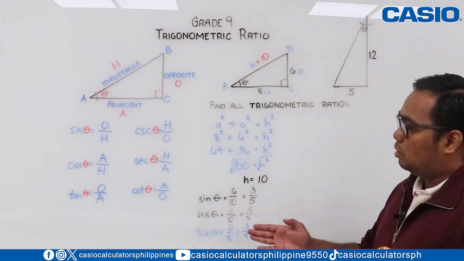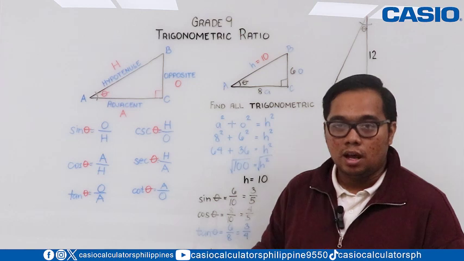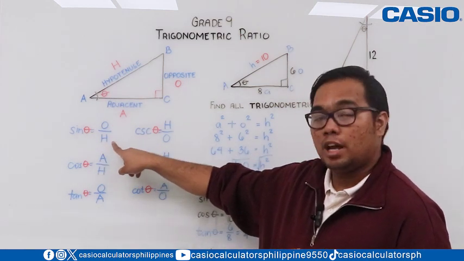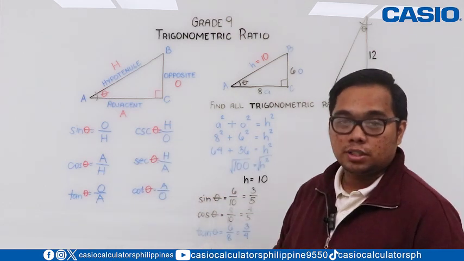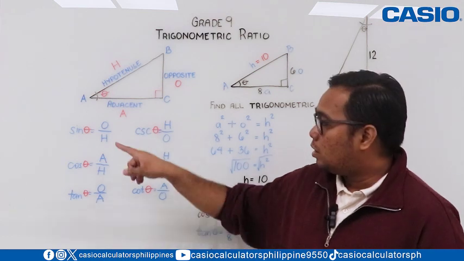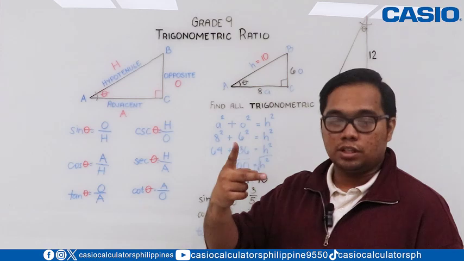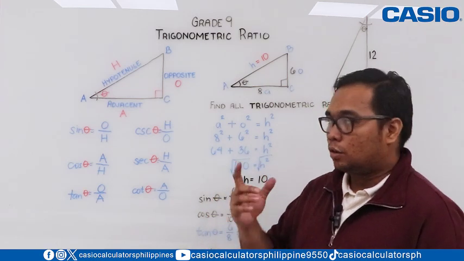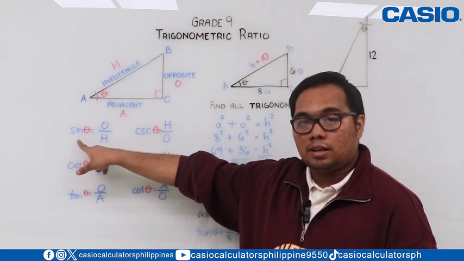Okay? Now, let's go with our cosecant, secant, and cotangent. If we can see here, sine is opposite over hypotenuse, while cosecant is hypotenuse over opposite. So as you can see, O over H and H over O are reciprocals of each other. Now, using that idea, we can define that cosecant theta is simply the reciprocal of sine theta.